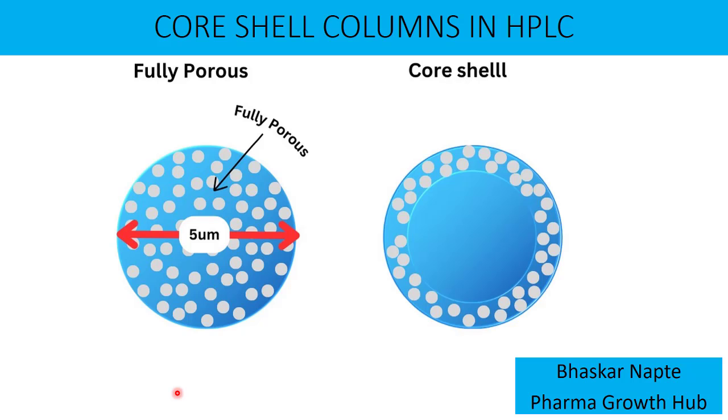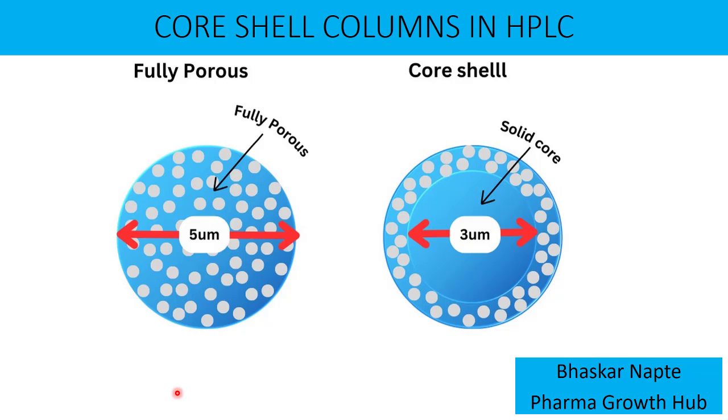Now this is something called a core shell, or a superficial core shell. So what is the meaning of this core shell particle? In the core shell, you will find there is a solid core at the center. So there is no porous material present at the center.